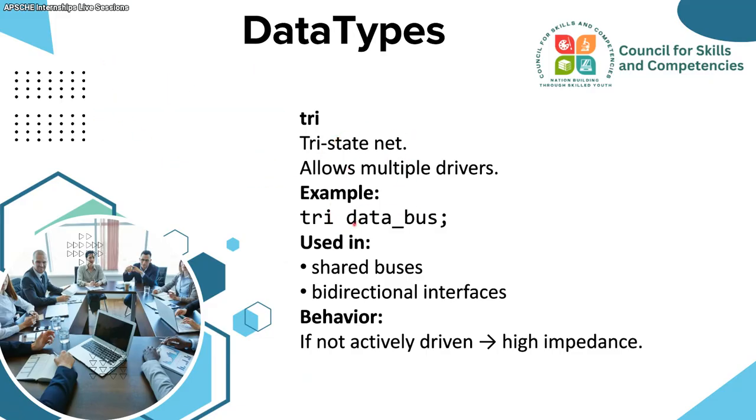The keyword is tri. It allows multiple drivers, shared buses, and bidirectional interfaces. If it is not actively driven, it is high impedance. If we are not driving it, then it has high impedance.